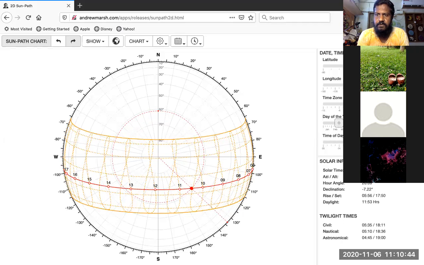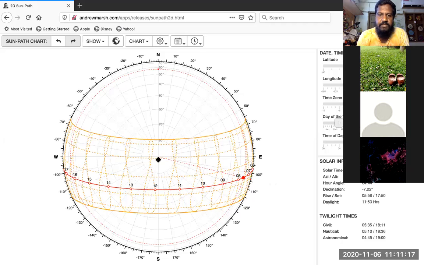Okay, 10:30. So here we can see how the sun path starts off. At 5:55, you can see at the extreme east is where the sun starts. That is the sunrise from the horizon. And as we move further, what is the angle it's going to take? At 7:35, you can see the azimuth angle, which is calculated from the north, marks a degree of 103.74.